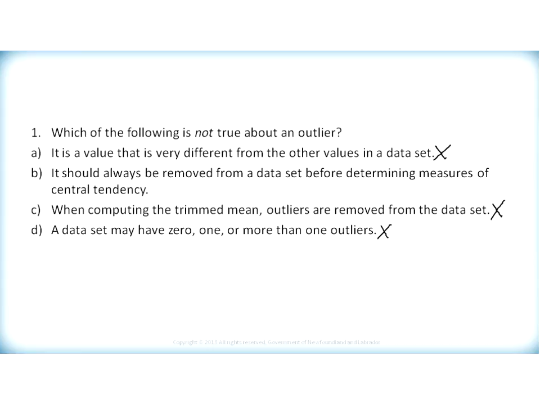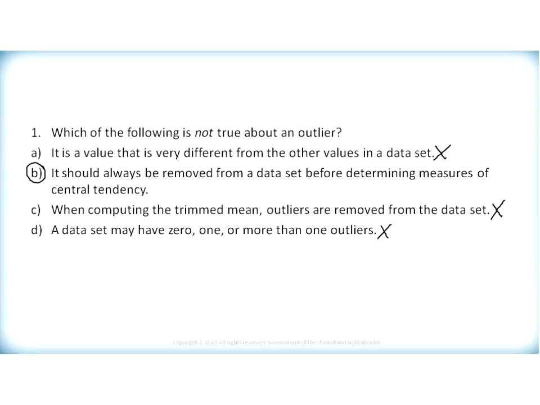So by process of elimination, we've identified that it must be B. It should always be removed from a data set before determining measures of central tendency. Is that actually true? Well, we looked at our example with Wayne Gretzky in the lesson, and we saw that it depended on the situation. If we wanted to show how much better Wayne Gretzky's year was than anyone else's, then we wouldn't want to remove his data.